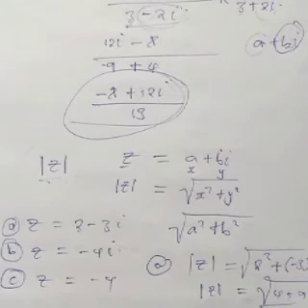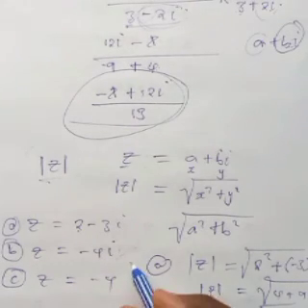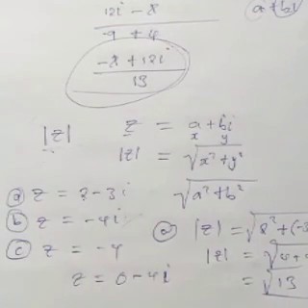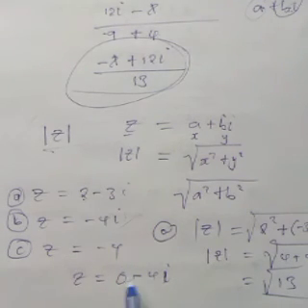This is the correct answer. Even for this one, since we don't have the real part here, z will be equal to 0 minus 4i. Here we don't use j, we only use i. For this one, it only has the real part, it doesn't have the imaginary part. z is going to be equal to negative 4 plus 0i.